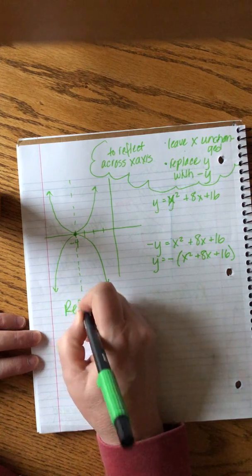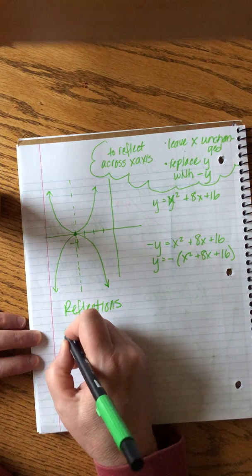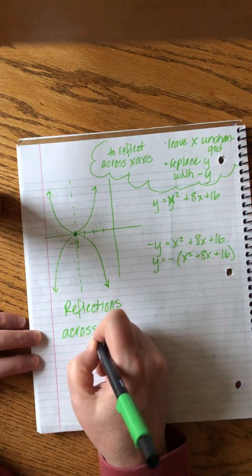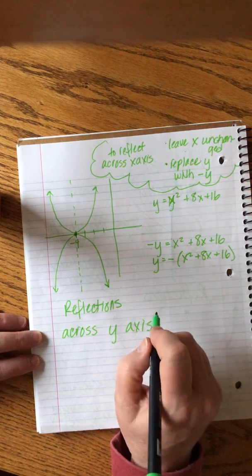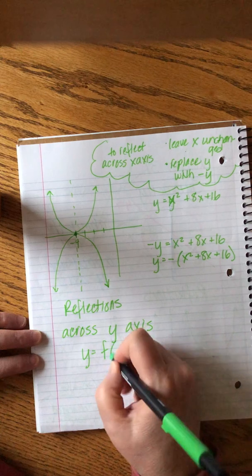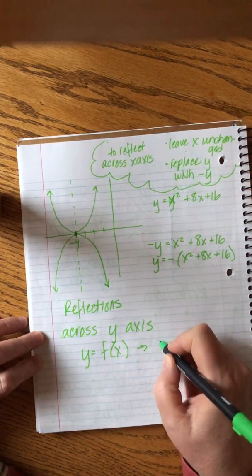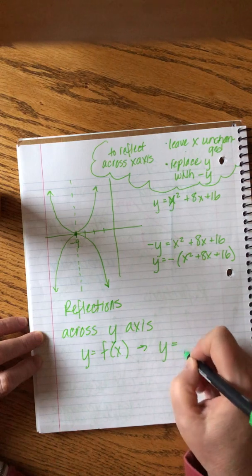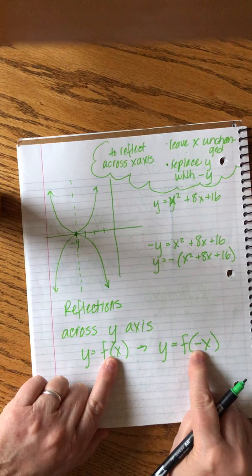So, our rule for reflections. If we want to reflect across the y-axis, which was the first situation we had, we take whatever the original function was and we change the sign in front of the x.